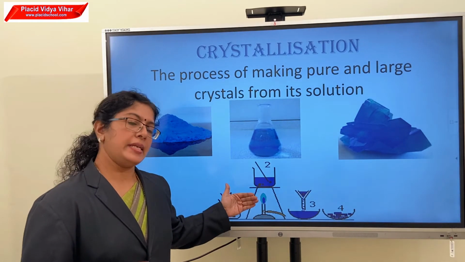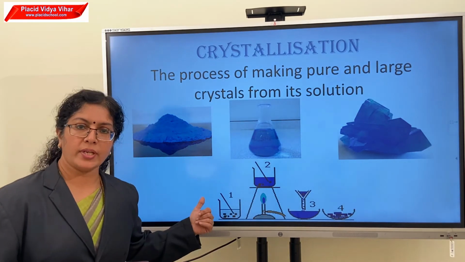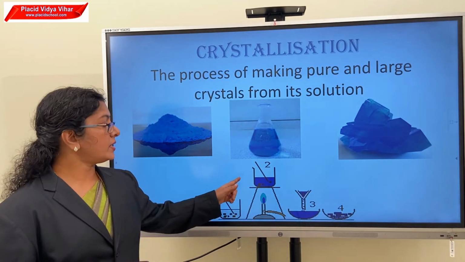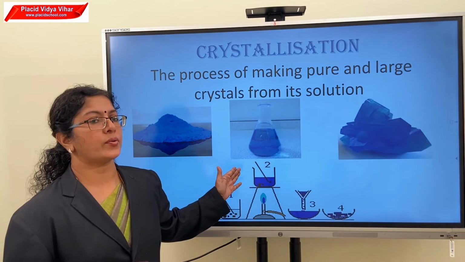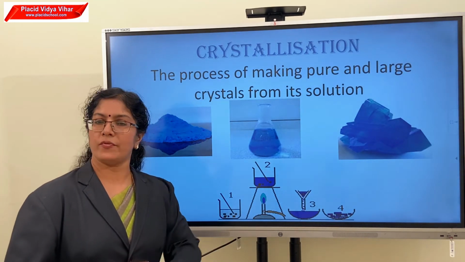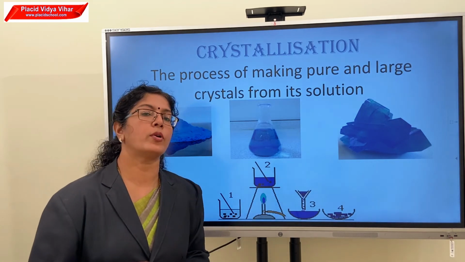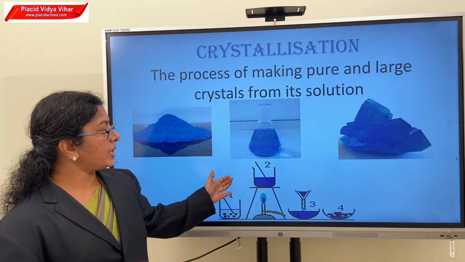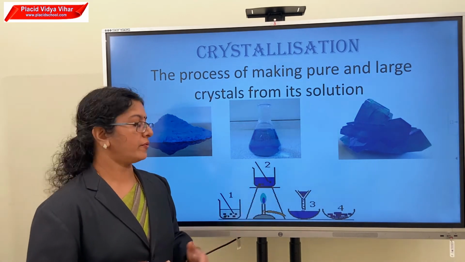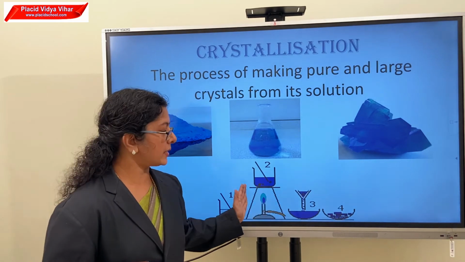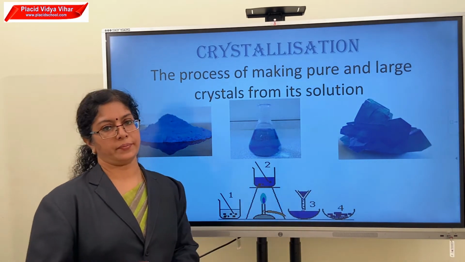Then continuously add copper sulfate powder to it, stirring, until the solution becomes a saturated solution. You know what is meant by a saturated solution? We cannot dissolve more solute in it. Then remove the beaker from the flame. Then filter the solution and allow it to cool.